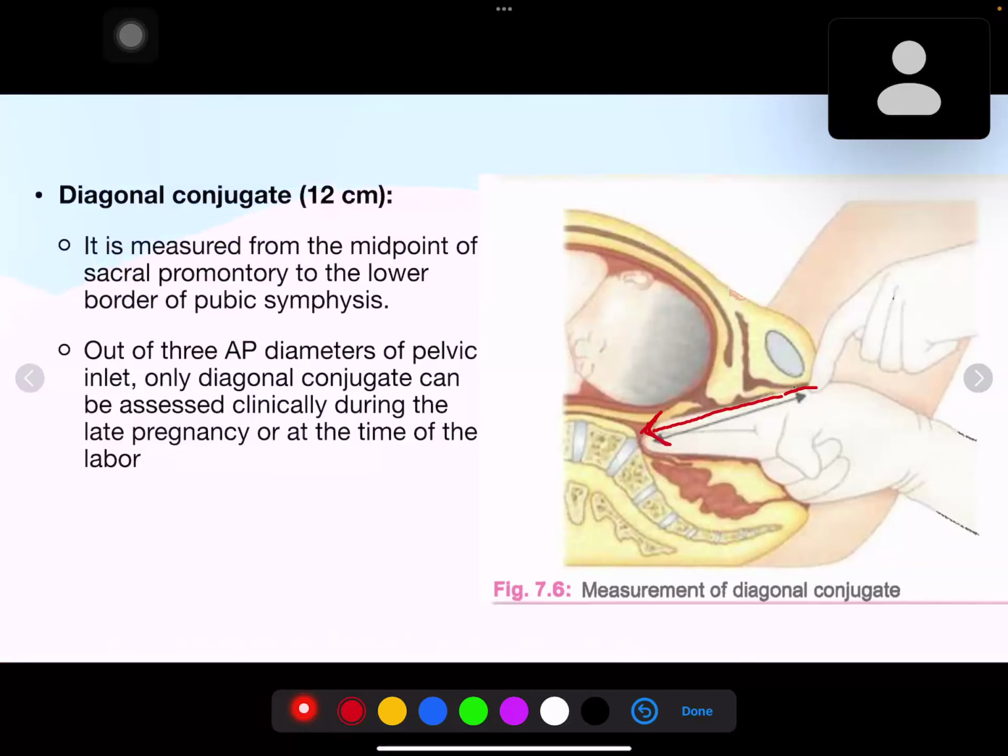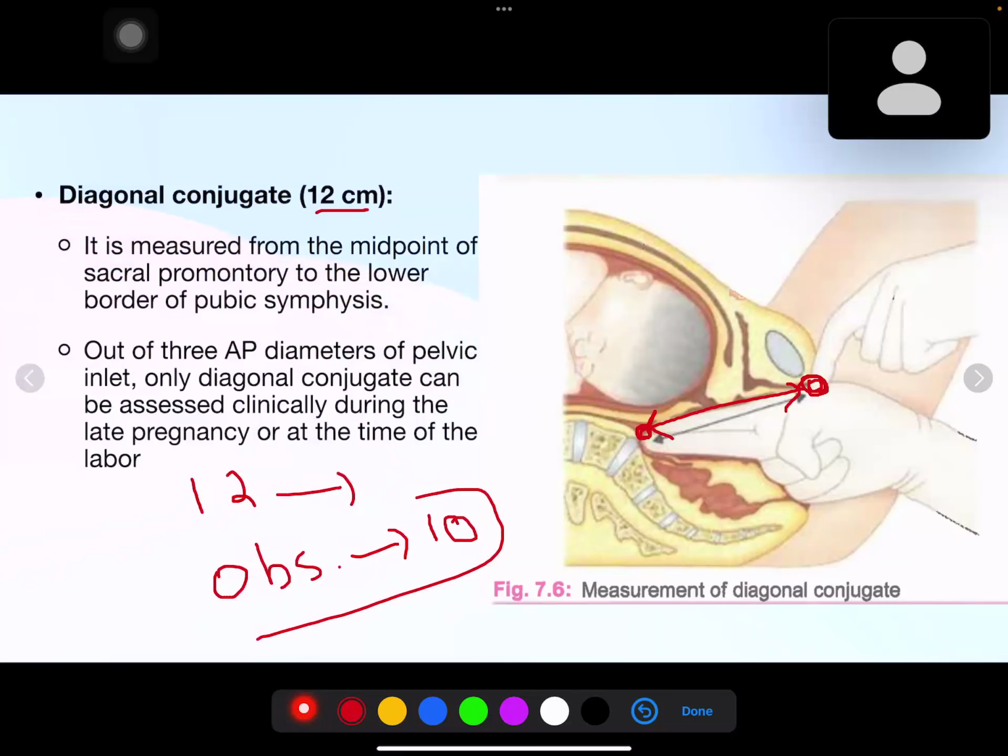With the other finger, you just mark a point that here is the pubic symphysis, the lower border of the pubic symphysis. Okay, and then after withdrawing your hand, you just measure the length of this. See, this is the lower border of the pubic symphysis, and here the finger goes to the sacral promontory. Okay, so if this diameter you measured is 12 centimeters or more, if this is 12, then obstetric would be 10.